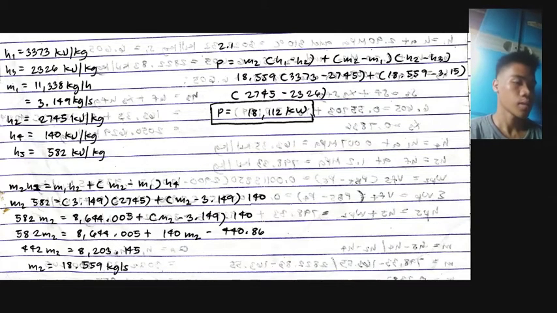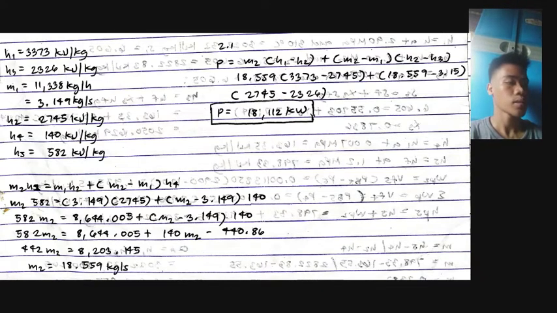Getting the formula, the turbine output in kilowatts will be P equals M sub 2 (H sub 1 minus H sub 2) plus (M sub 2 minus M sub 1)(H sub 2 minus H sub 3), and since H sub 1, H sub 2, M sub 1, and H sub 3 are already given, so no need to get the value of M2.